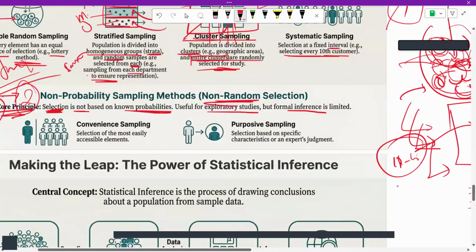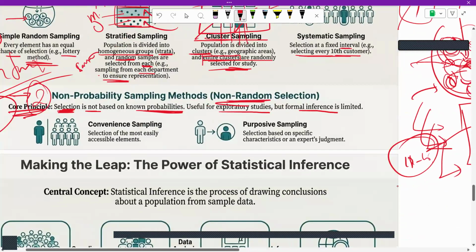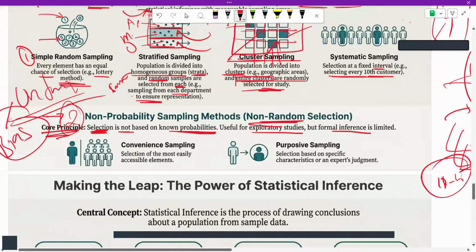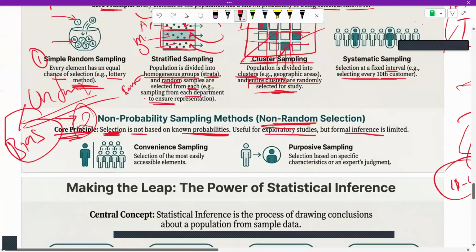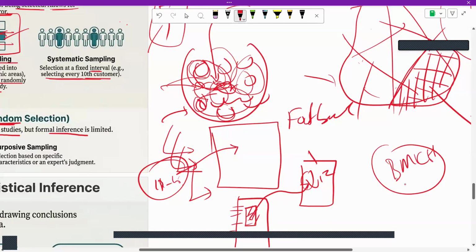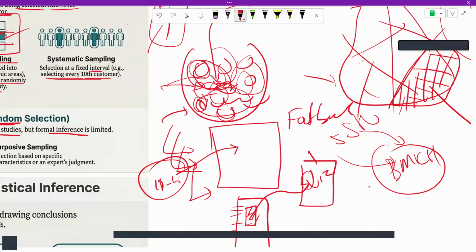Sometimes it is convenience. For a workshop to be held in BMICH, the organizing team requested me to send 5 students to participate in the workshop. What I do is I select 5 students who are very much reachable to me, or who are in contact with me.